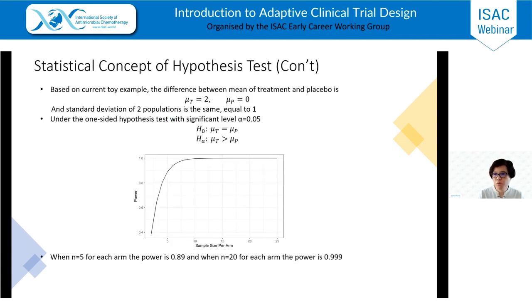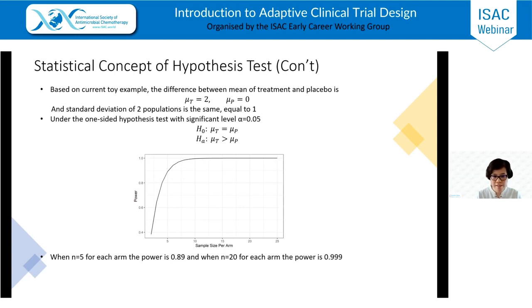Now I just show one of the powers here. So based on the current example, this is our true treatment effect is 2 and the placebo is 0. Then I calculate the power. Okay, so the power is based on exactly this difference, and the power looks like that. So you can see when sample size equals 5, the power is about 90.